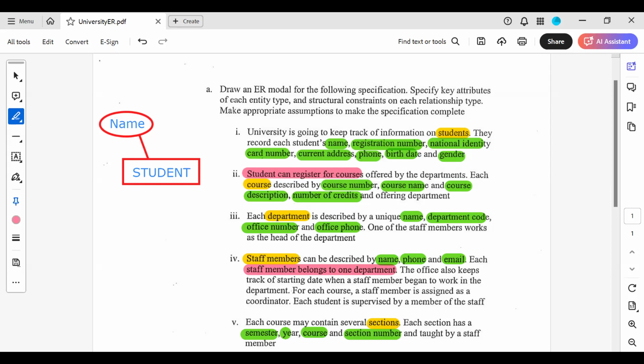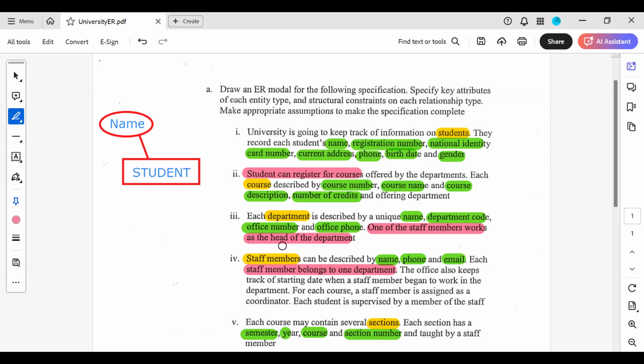One staff member is the head of the department. Exactly. So one of these works as the head of the department. That means there are two relations between staff and department. Belongs means everyone belongs to a department, then one of them could be the head, like the manager in our previous description.